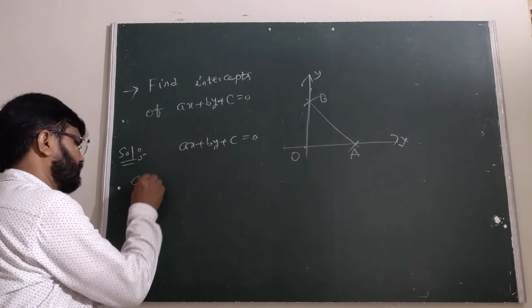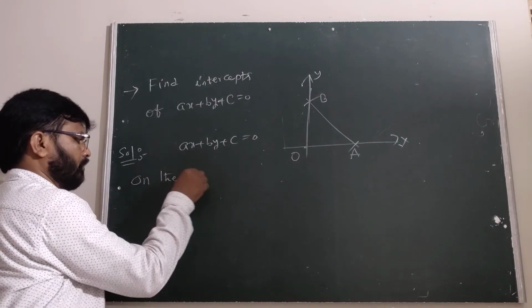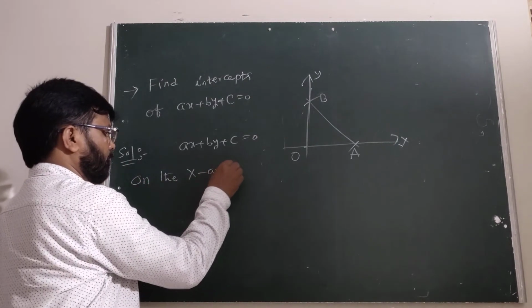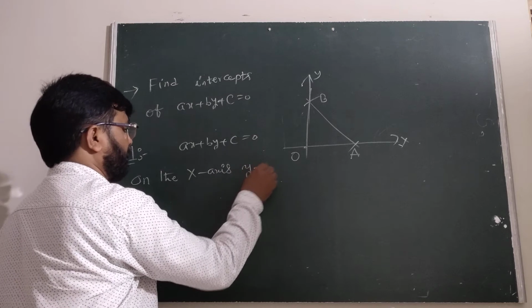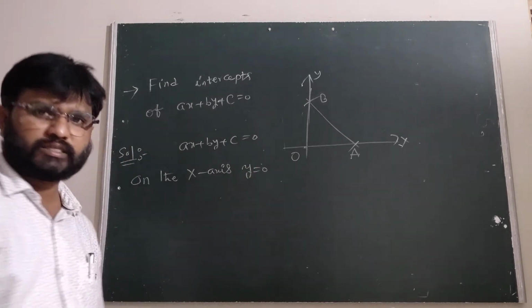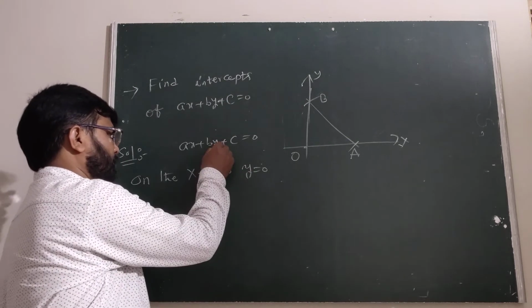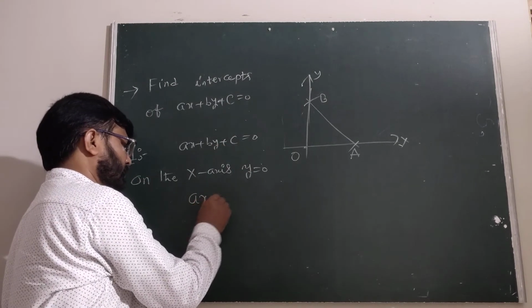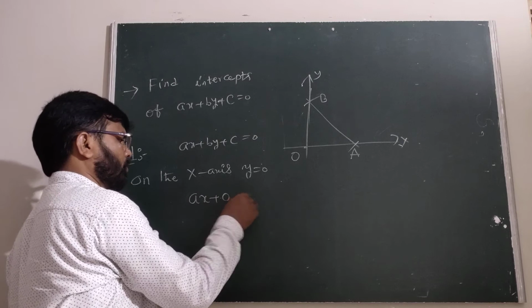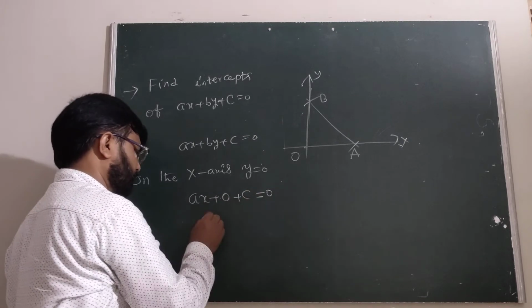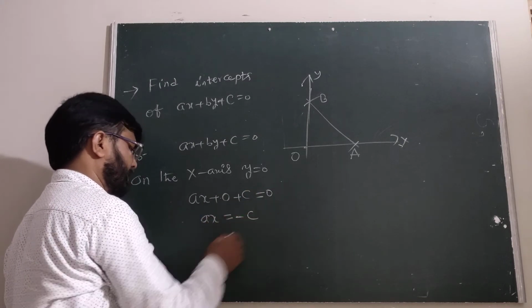Therefore, on the x-axis, we have to know that y equal to 0. On the x-axis, the y coordinate is 0. Y equal to 0, substitute in the above equation, that is ax plus 0 plus c equal to 0. Ax equal to minus c.